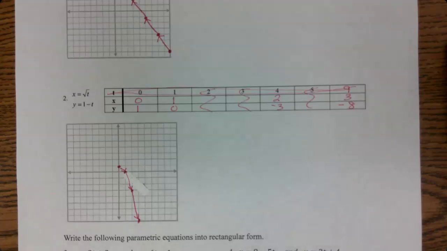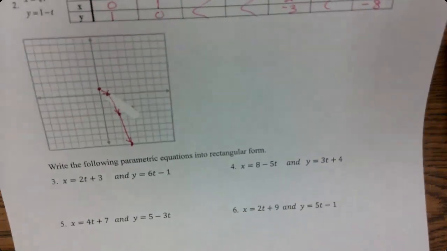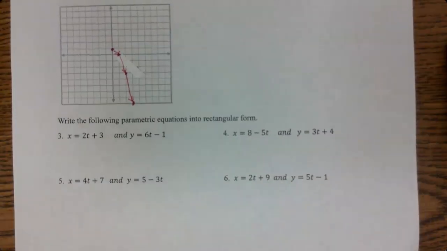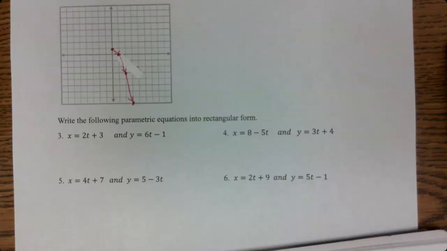So now let's go and look at how to convert parametric equations into rectangular. Number 3. X equals 2t plus 3 and y equals 6t minus 1.